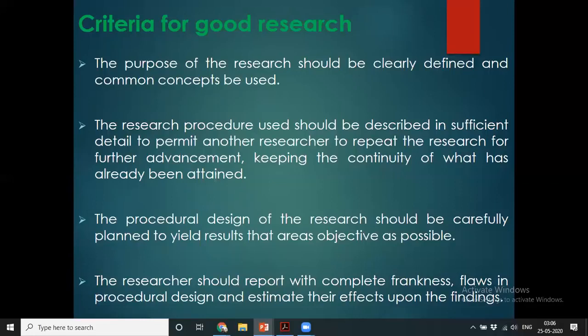That should be clearly defined, using common concepts. Then the research procedure used should be described in sufficient detail to permit another researcher to repeat the research for further advancement, keeping the continuity of what has already been attained.